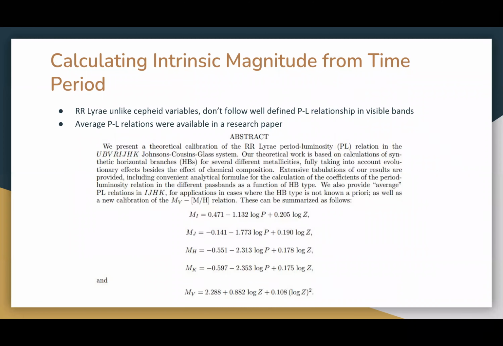So we found a research paper in which average PL relations were found using theoretical calibrations and a particular data set to get analytical relations between the magnitude and the period, basically the PL relation.